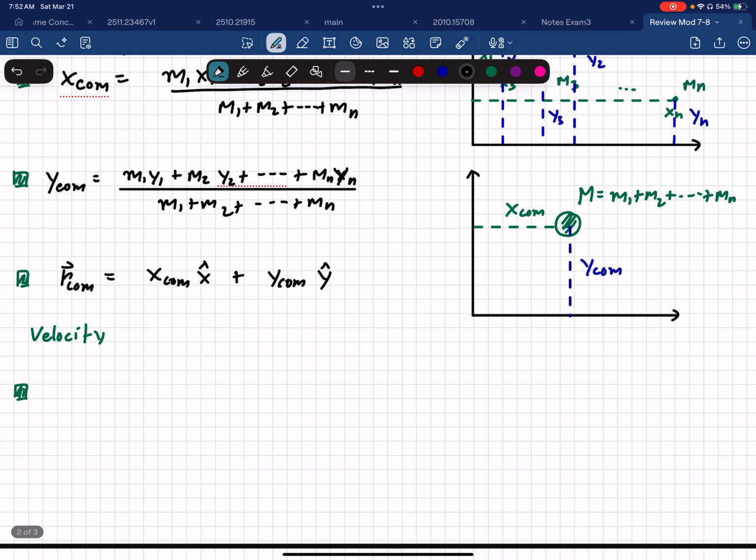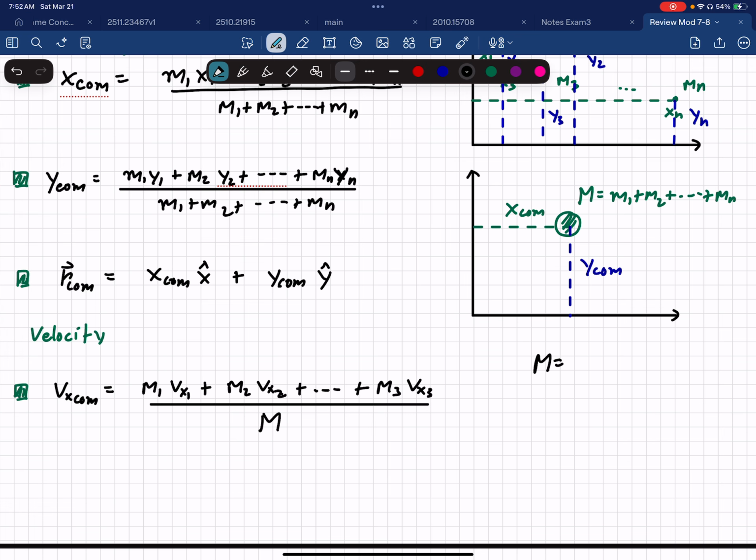So the velocity Vx center of mass is again the same thing: m1 Vx1 plus m2 Vx2 plus dot dot dot, by the total mass M. Total mass M is this.